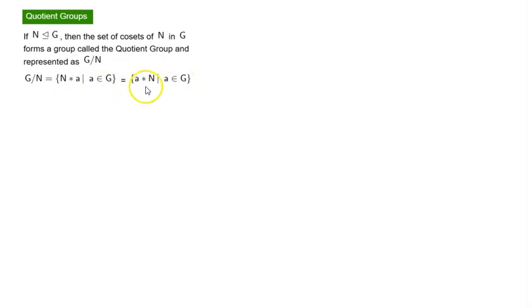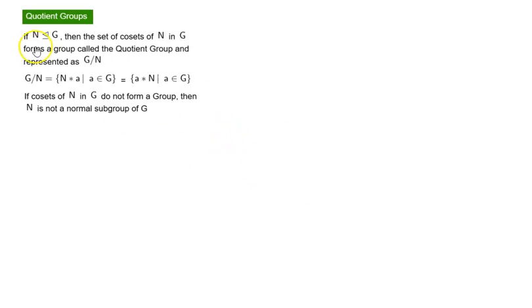So here this is the right coset and the left coset, and the reason they are equal is because N is a normal subgroup of G. If the cosets of N in G do not form a group, then N is not a normal subgroup of G. So once we have arrived at the set of cosets of N in G, we just verify whether it forms a group or not.